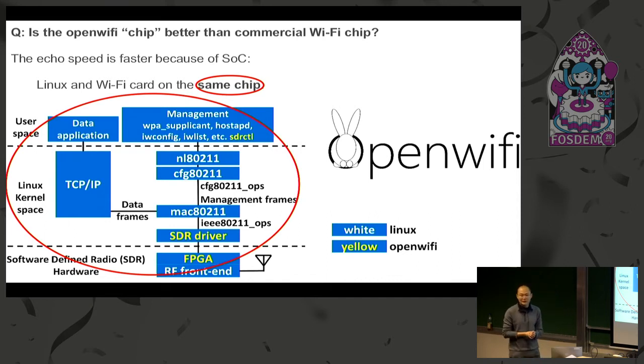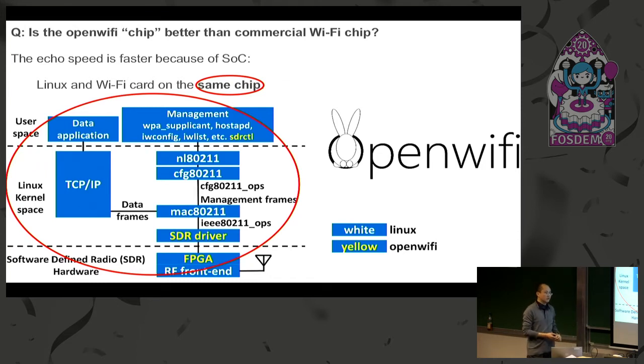In that case, our full Wi-Fi stack, from the Linux application to the baseband, is in the same chip. As you can see in the red circle, the Linux operating system, user space, kernel, driver, and FPGA, not the front end, are all in the same chip.